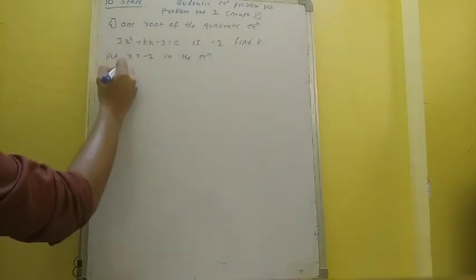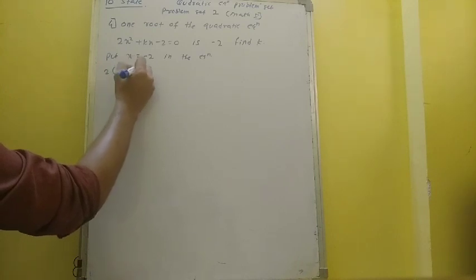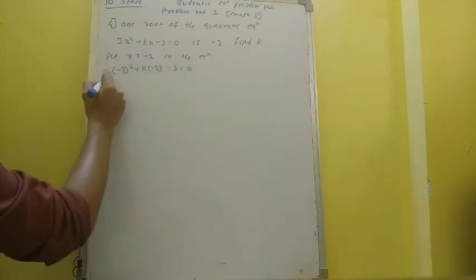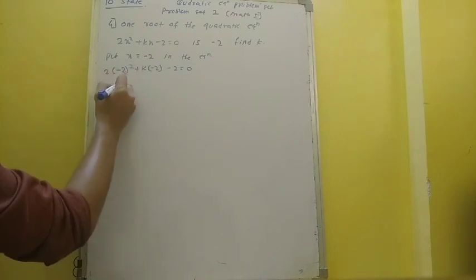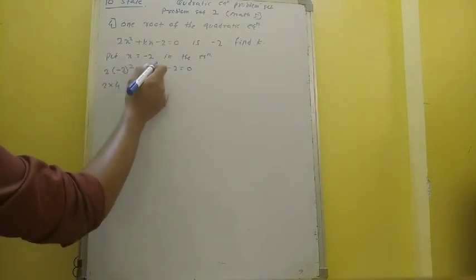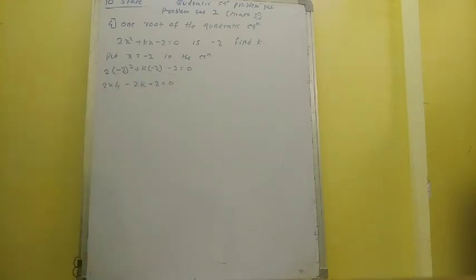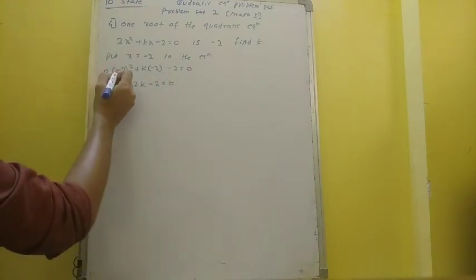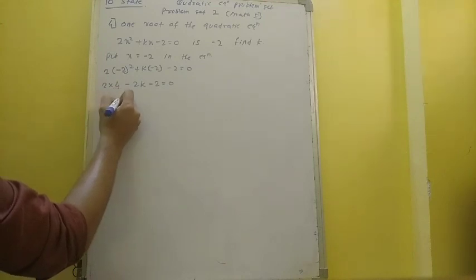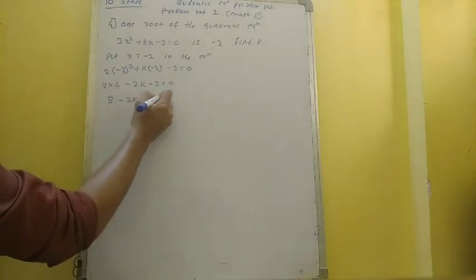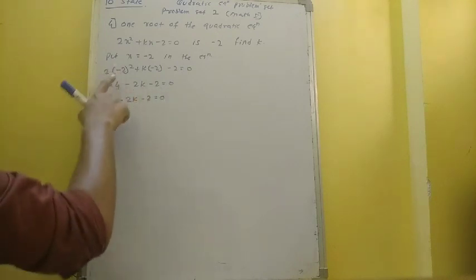So we have 2 into minus 2 square minus k into minus 2 is equal to 0. Minus 2 square is 4. So we have 2 4s is 8, minus 2k minus 2 is equal to 0.